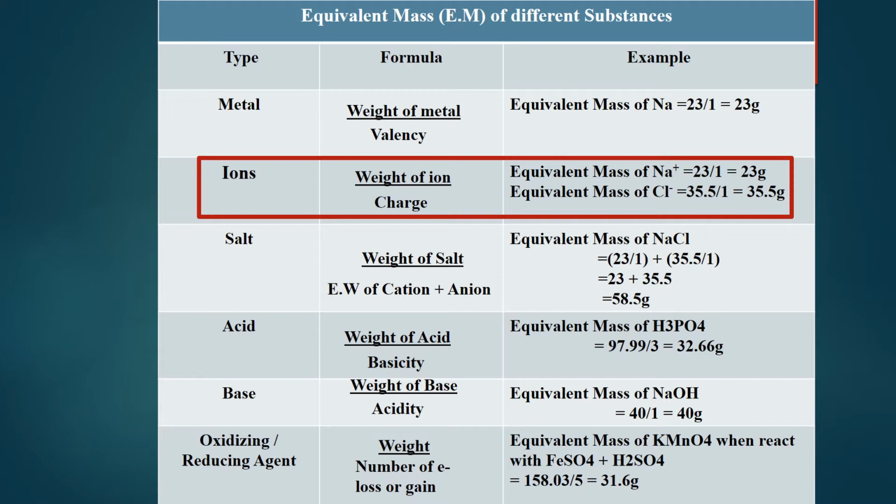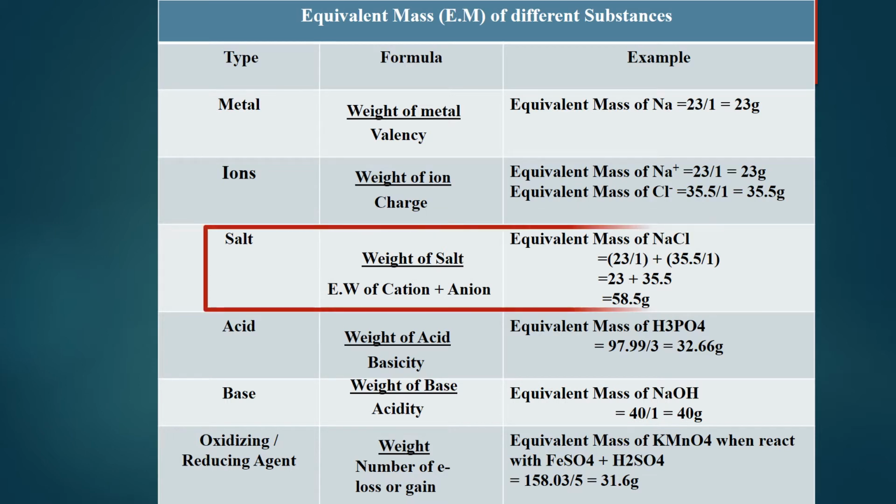For calculating equivalent mass of salt, find the equivalent masses of both cation and anion as the method discussed above. Then add the equivalent mass of both cation and anion.